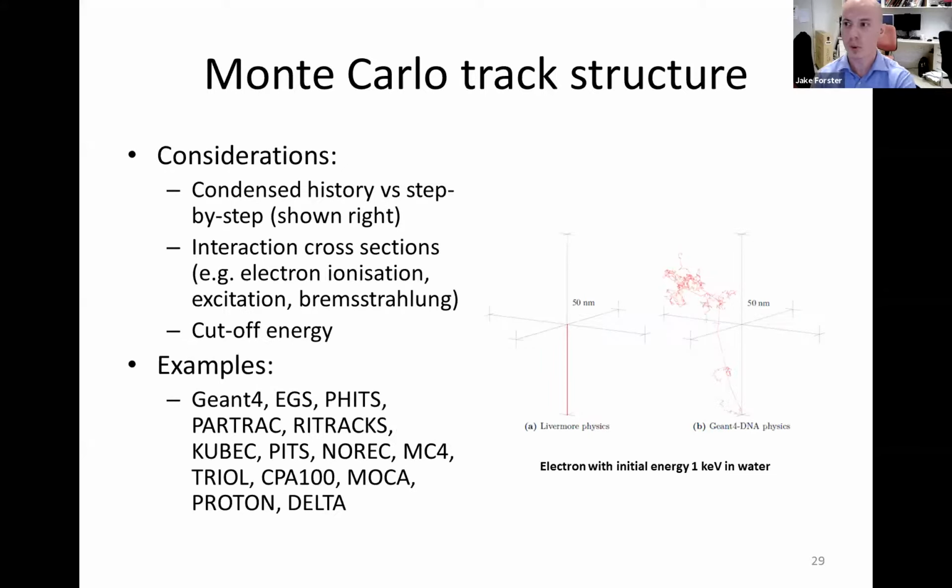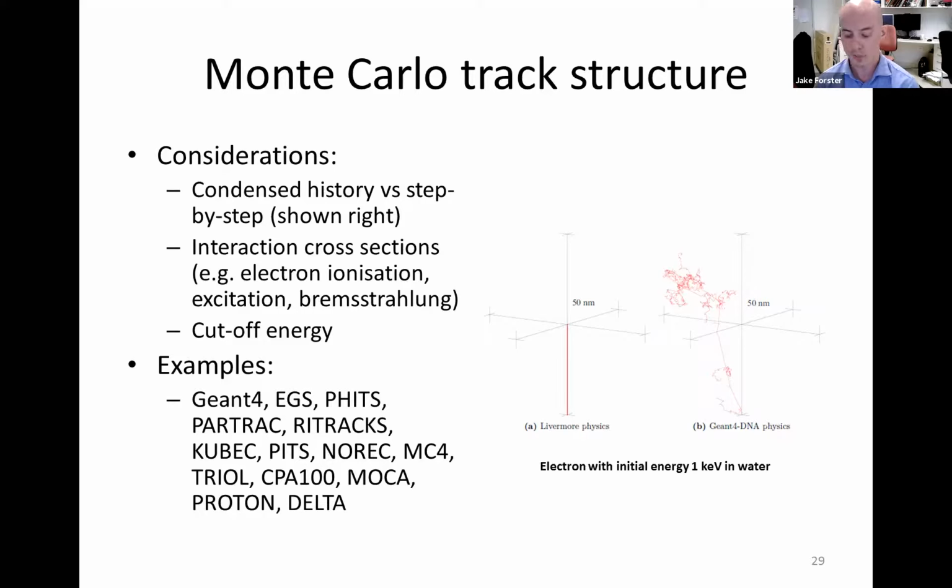So there are two components to these Monte Carlo simulations that I'm going to talk about. The first will be the track structure. So for Monte Carlo track structure, there are a few considerations. The first would be whether you're going to use condensed history processes to simulate your tracks, or whether you do step-by-step tracking.